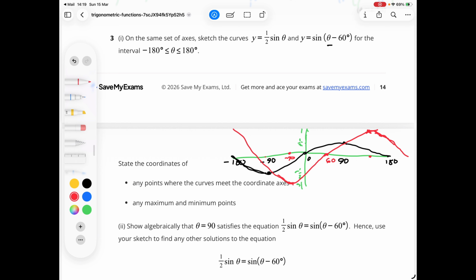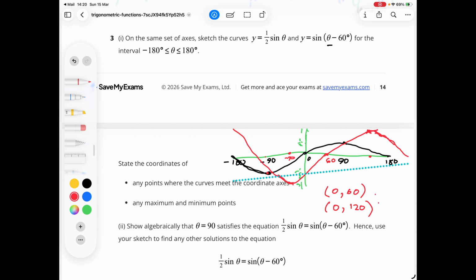Right, now, any points where the curves meet the coordinate axes. So on the x-axis, it would meet the coordinate axes at 0, 60, but that doesn't meet there because it goes beyond 180, and then it would meet again at every 180, so go down to 120, so 0, 120. So that's one of the points for the second one.